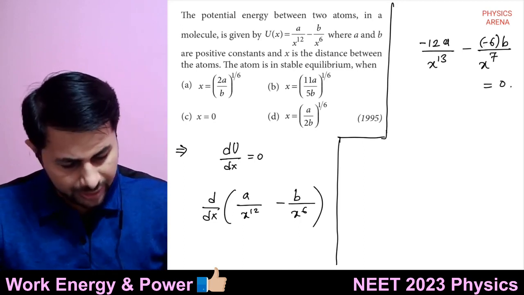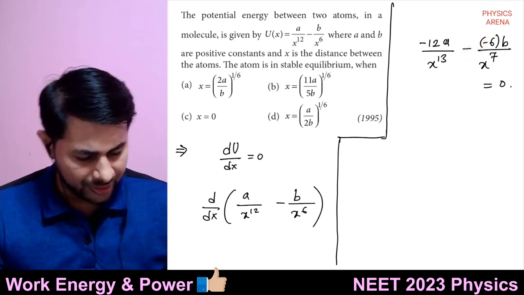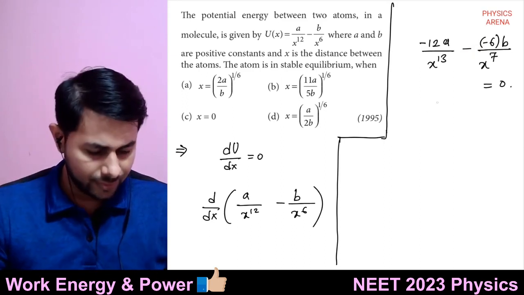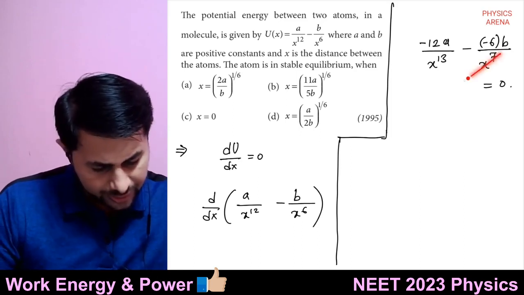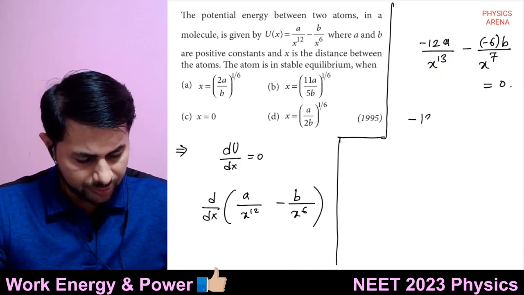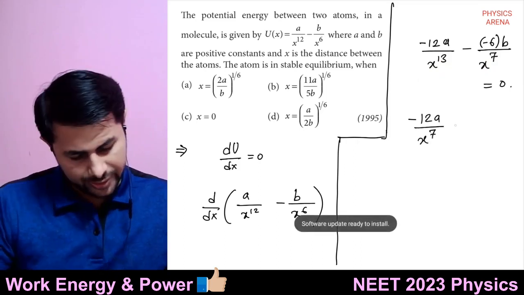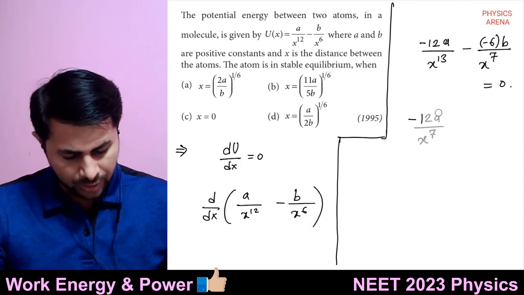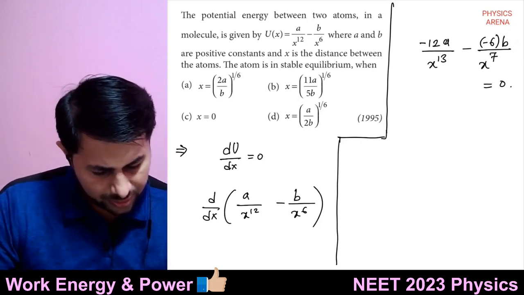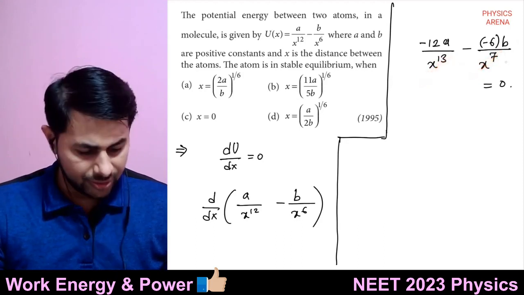So this minus minus becomes plus. We can divide these two terms by x raised to 7.